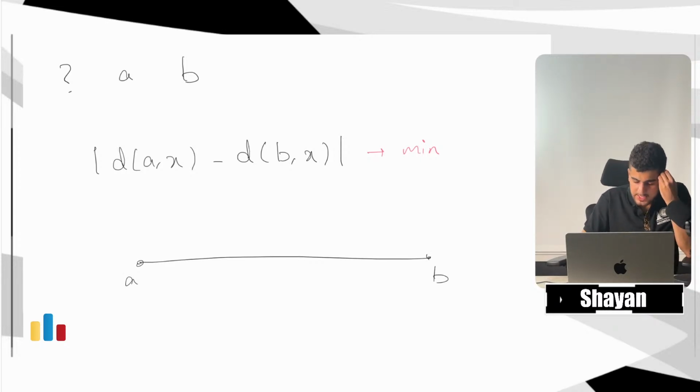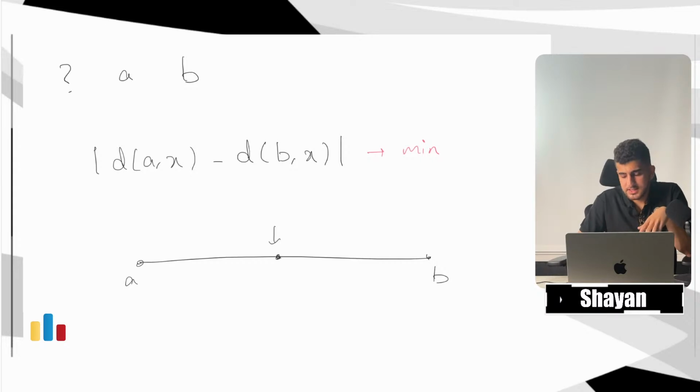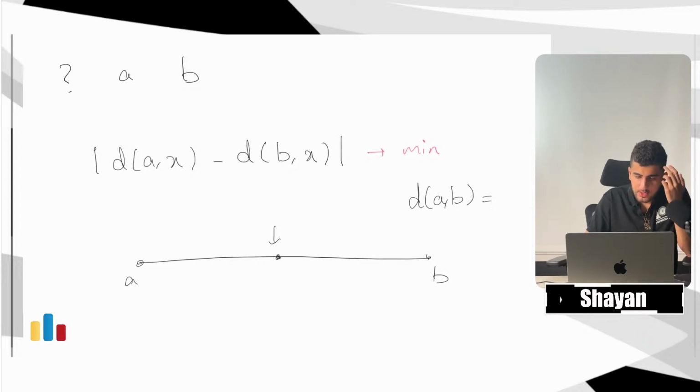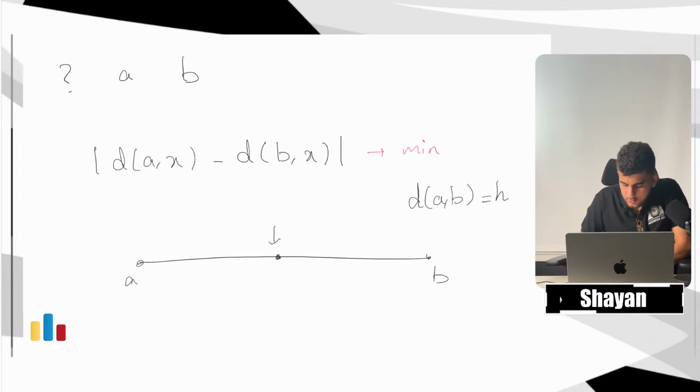the node that is going to be in the middle of this path is going to minimize this value, because either the number of edges in this path is even. For example, let's say the distance between A and B, let's call it L as length.